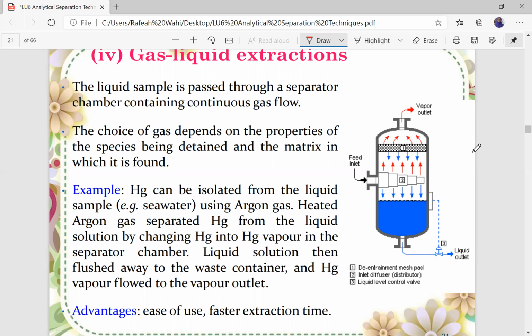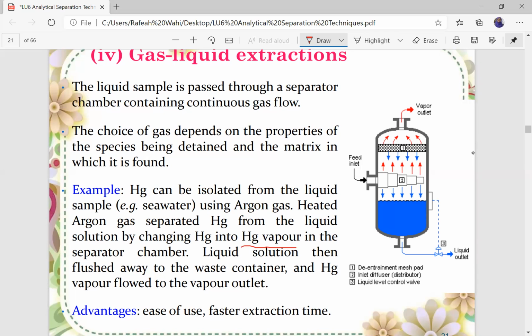We have an example here. For example, mercury can be isolated from a liquid sample, for example seawater, using argon gas. The heated gas separates mercury from the liquid solution by changing mercury into mercury vapor in the separation chamber.